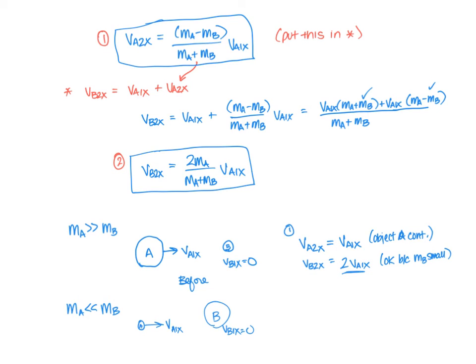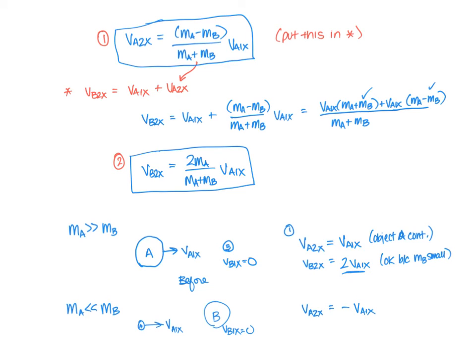In this scenario, if we neglect mass A compared to mass B, then mass A is going to hit mass B and bounce off it and go in the opposite direction with virtually the same speed. So it just goes in the negative direction.